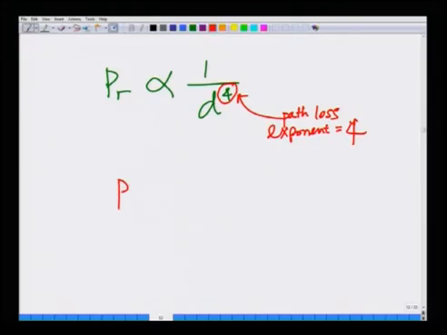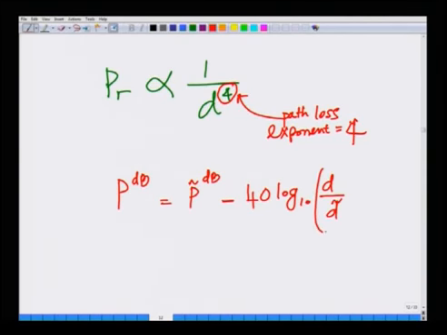Hence, again going back to our free space loss equation, one can write the received power in dB as P tilde, some reference power at distance d naught, minus 40 log 10 of d over d naught, which says that there is a 40 dB per decade decrease in the power.